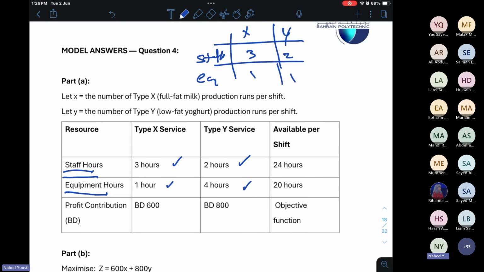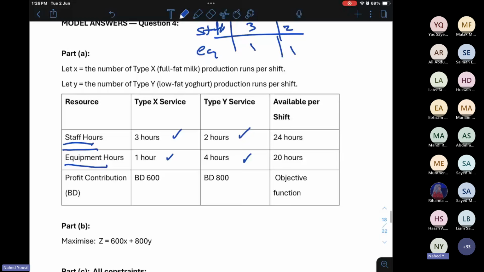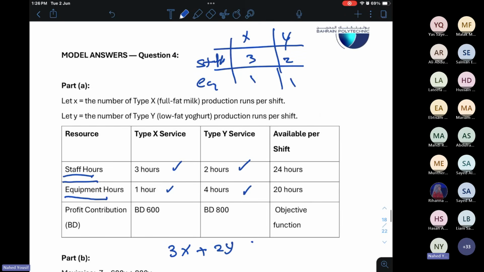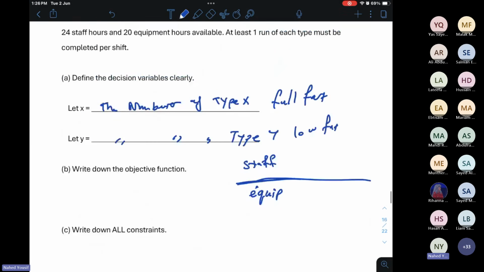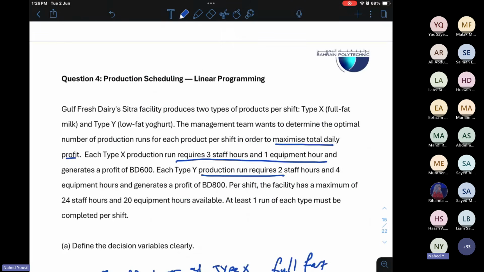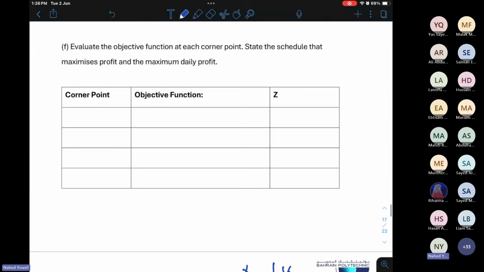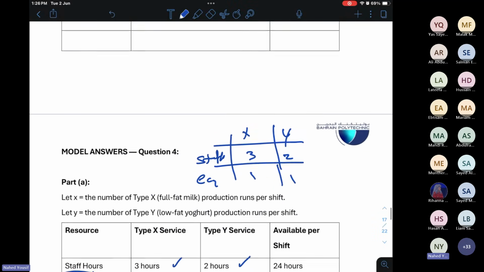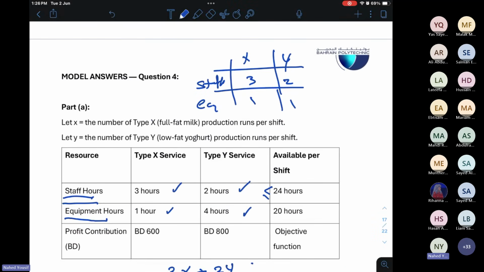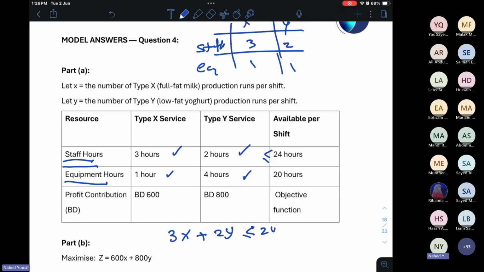Is that clear? So according to this, the staff hours result in 3x plus 2y. What is the maximum working hours per shift? Per shift, the facility has a maximum of 24 staff hours, so the staff hours should be less than or equal to 24.